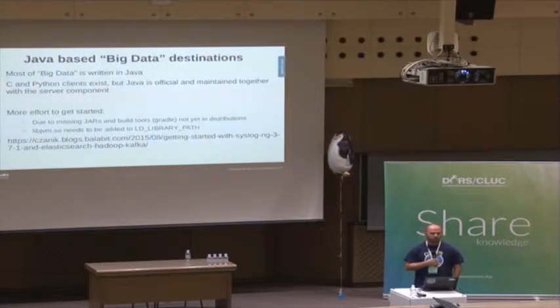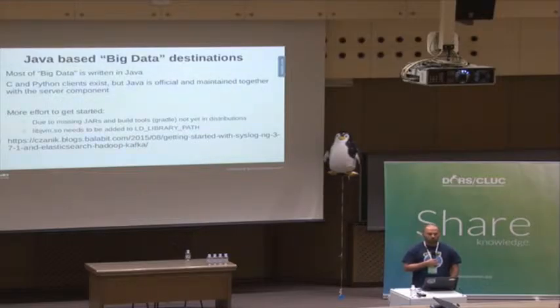The big data destinations in syslog-ng are developed in Java, as most of big data is also written in Java. In some cases, C or Python client implementations exist, but Java is the official and best maintained client implementation in most of the big data world.